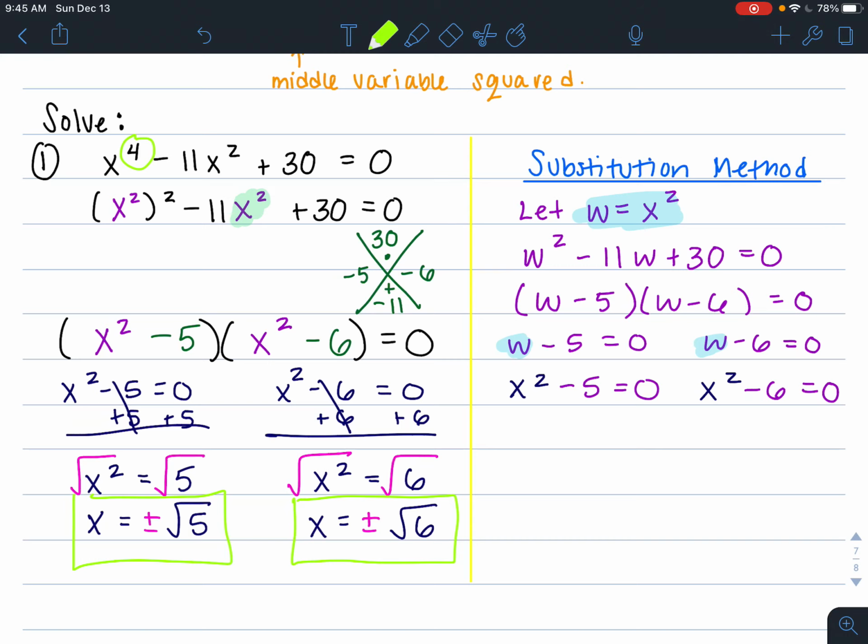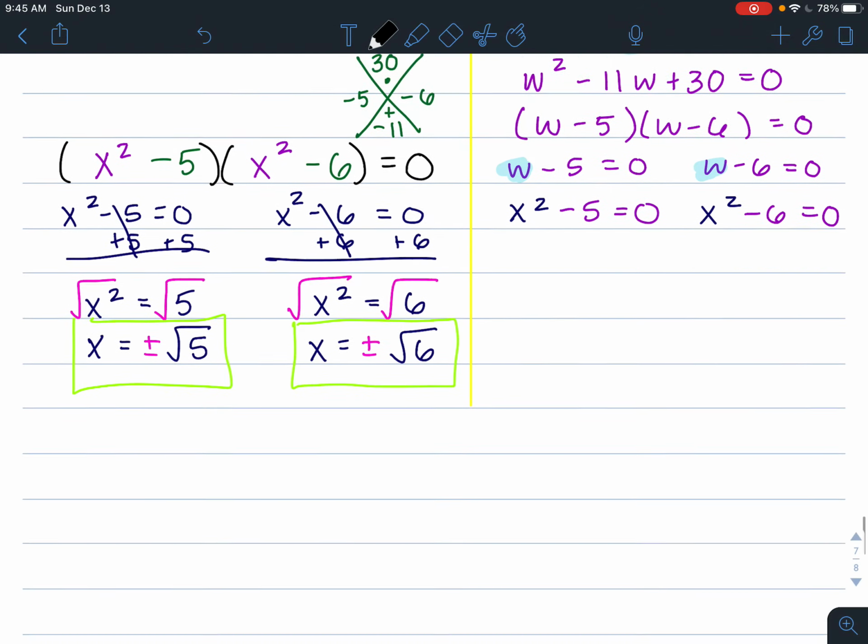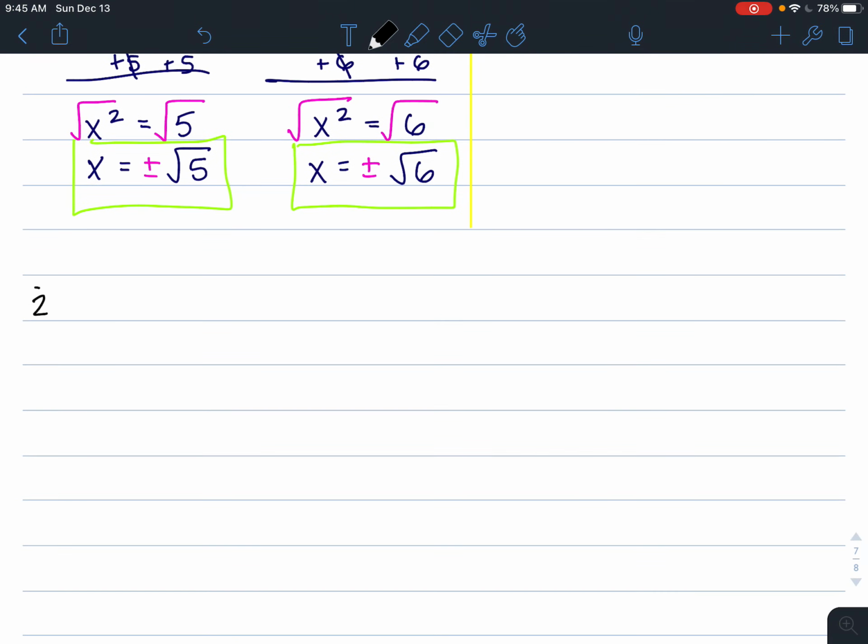We're going to look at a total of 2 more problems. Let's solve x to the 4th plus 2x squared minus 48 is equal to 0. For the last 2 problems, I'm just going to leave all the variables as is. I'm not going to do substitution.